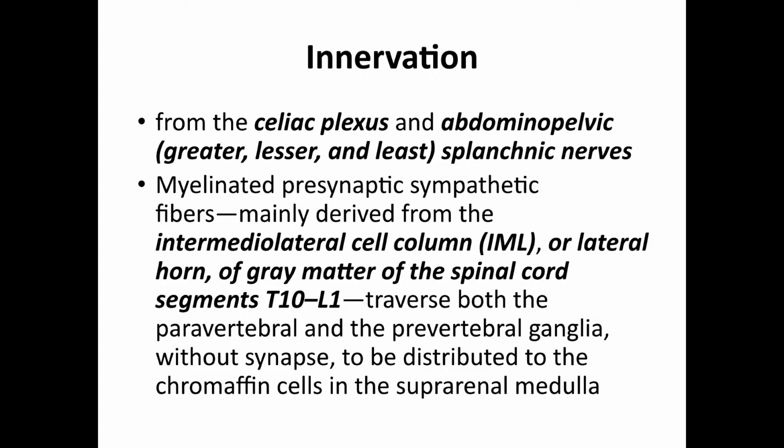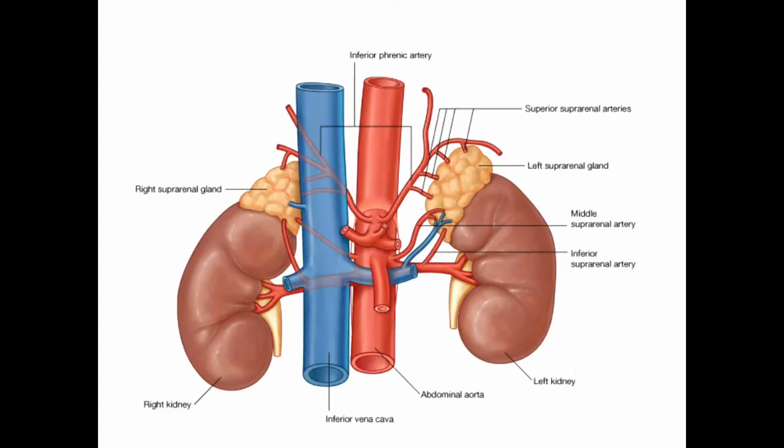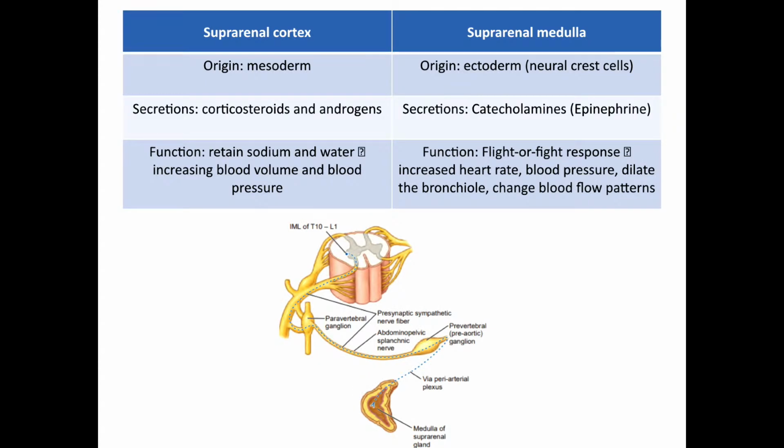So now we know that in the suprarenal medulla we have chromaffin cells, and this is exactly the scheme I explained to you, how they get our catecholamines. Okay?